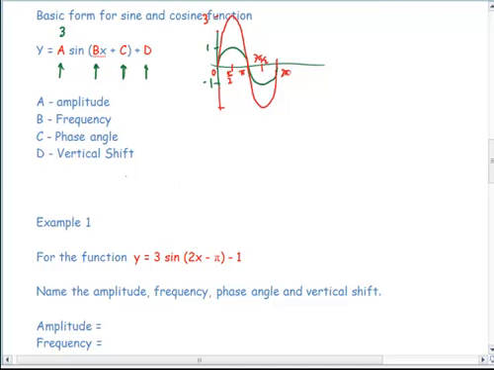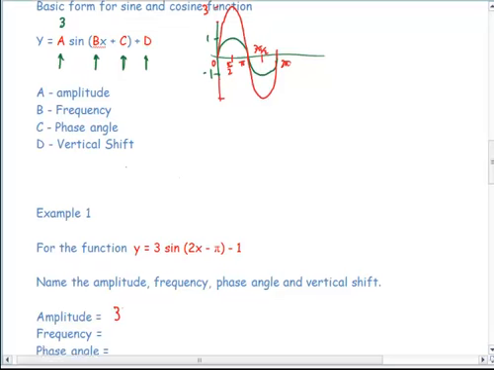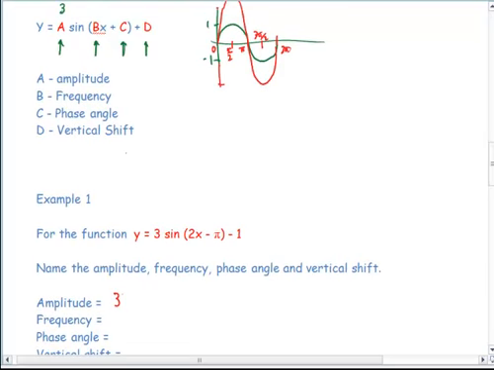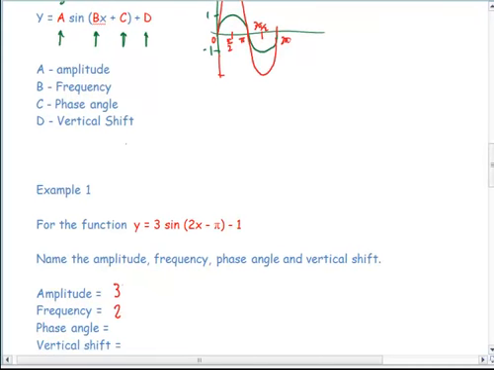So the a value would be 3. That means the function would move up and down 3 units from its middle. The frequency is 2. The phase angle is negative pi, and the vertical shift would be negative 1. That's just looking at the values as displayed by the typical function.